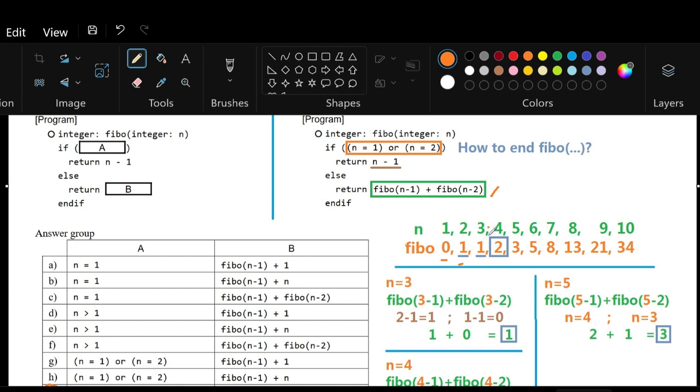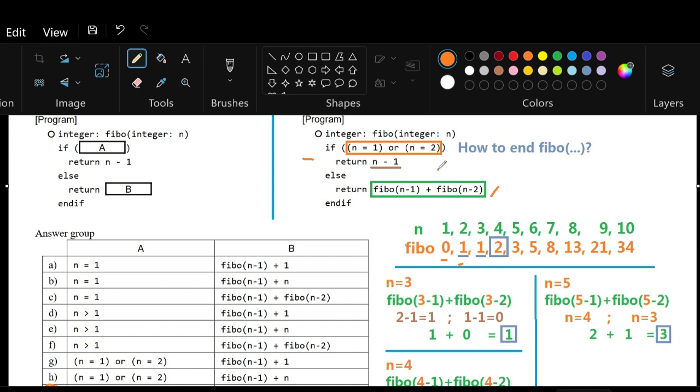So for example, our n is 3, we are supposed to get 1, and if it's 3, then it's not going to go here, it's going to go here. And if that's the equation, then we put in the value of n, which is 3, and that's why it's Fibo 3 minus 1 plus Fibo 3 minus 2. If it's 3 minus 1, then that should give us 2.